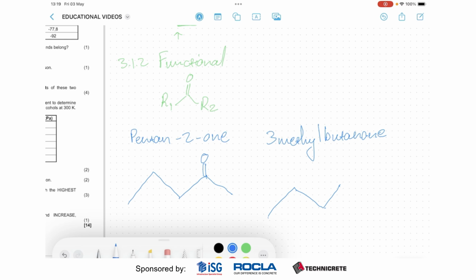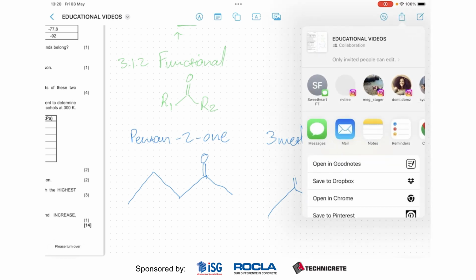The reason we don't say which carbon the ketone is on when we say butanone is that no matter which way you count, it's the same. If we put it here and count 1, 2, 3, 4, it can go there. What if we put it the other side?